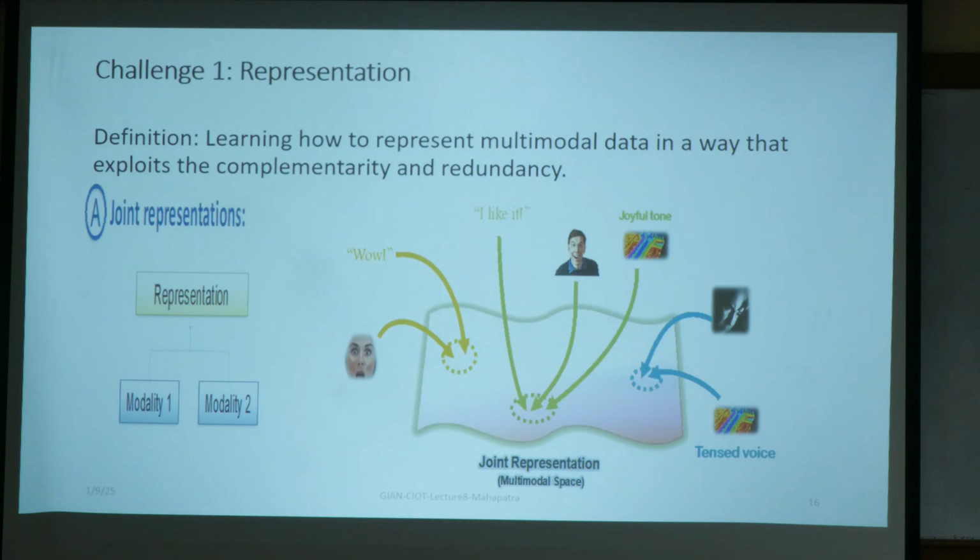Look at this plane. Okay, let's say we want to capture something, a surprise, or some word. Using visual, right? Then somebody says, wow. They both, two sources, tell the same thing.